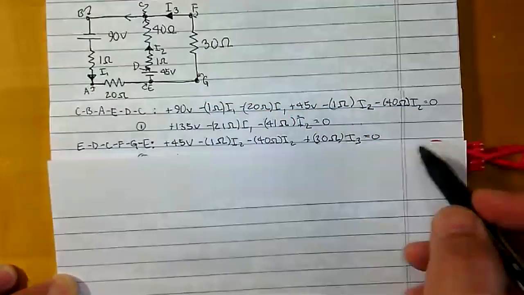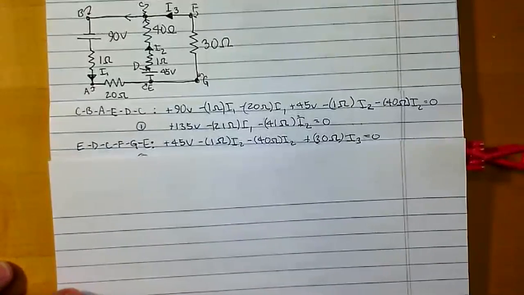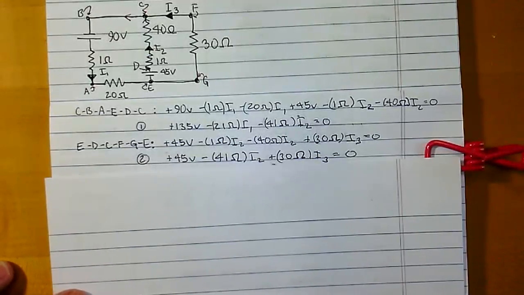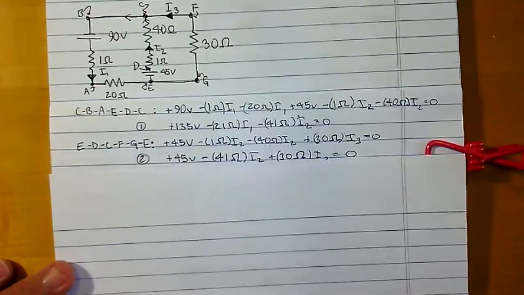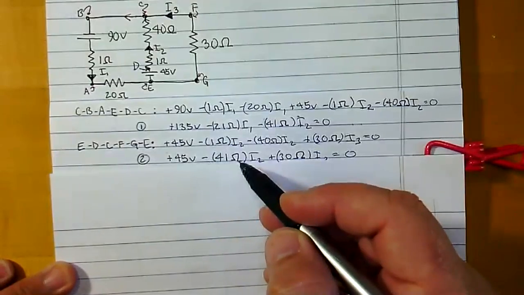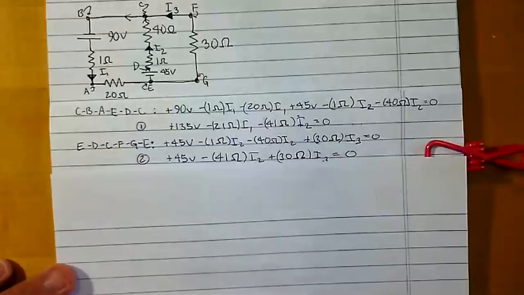I'm now back where I started from, so that's equal to 0. Again, combining like terms, I get a simpler version of equation 2: 45 volts minus 41 ohms times I2 plus 30 ohms times I3.